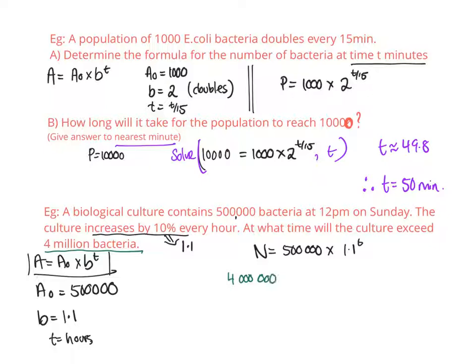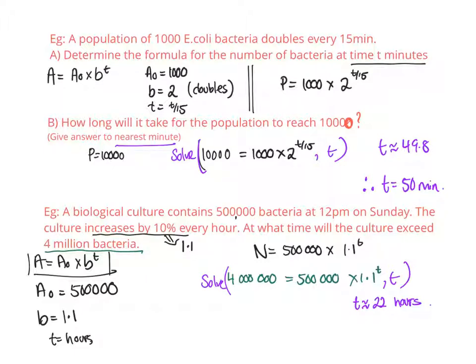So n equals 4 million. You need to remember how many zeros are in 4 million. And then you go equals this. Sorry, that's a really bad t there, but that's the t. And we're going to do solve, comma t. And we get that t is approximately 22 hours.